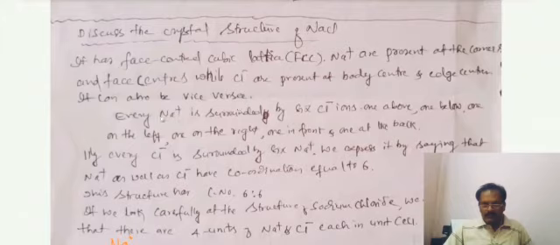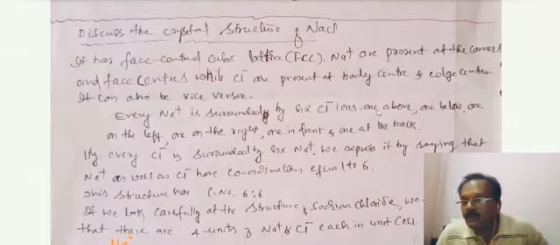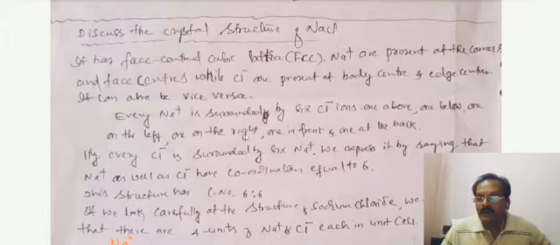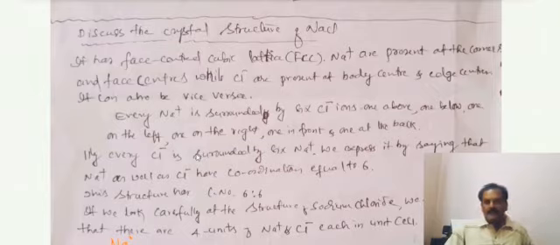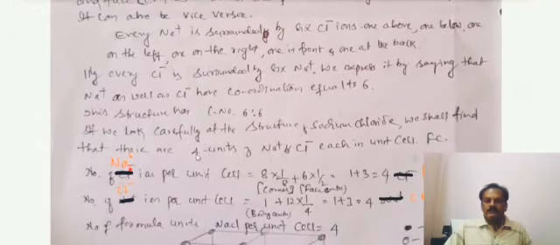As I told you, every Na plus ion is surrounded by 6 Cl minus ions: one above, one below, one left, one right, and so on. Similarly, Cl minus is surrounded by 6 Na plus ions. We express this by saying that the Na plus ion as well as the Cl minus ion have coordination number 6. The structure of NaCl has coordination number 6:6.